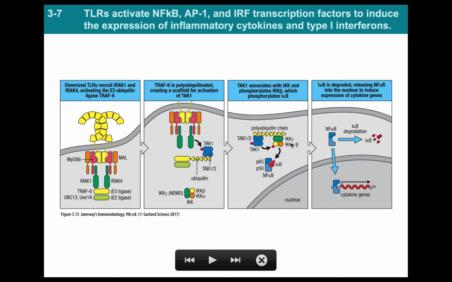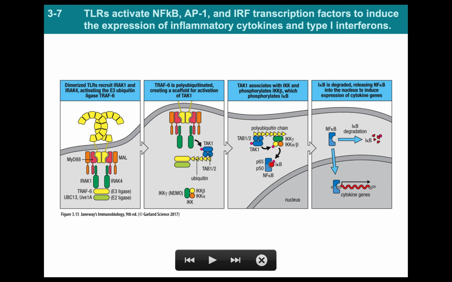So once IKK is turned on, it's activated with that phosphate. IKK is then going to put a phosphate on I kappa B, the inhibitor of NF kappa B. And once there's a phosphate on that, it's going to pop out, and so NF kappa B can be free to go to the nucleus because it is the nuclear factor kappa B. And so it's going to go into the nucleus, bind to the DNA at just the right spot to start making cytokines.